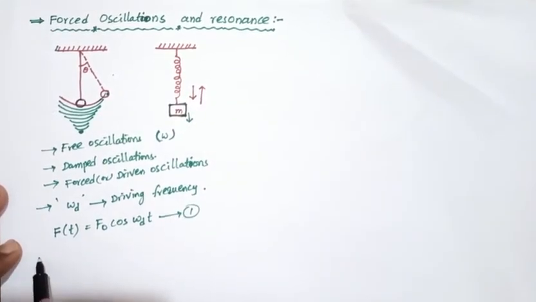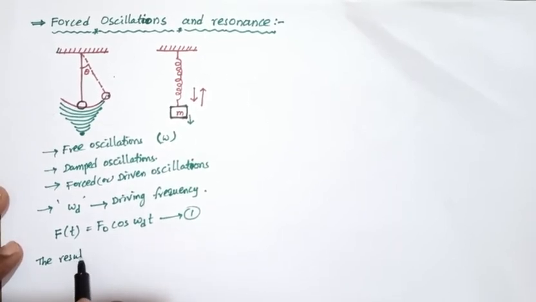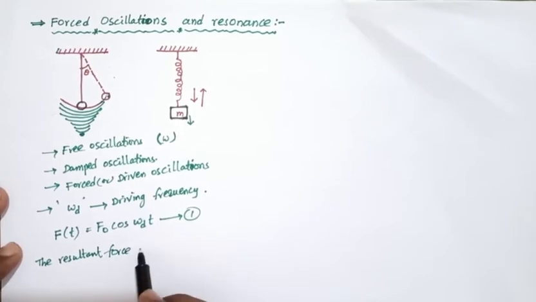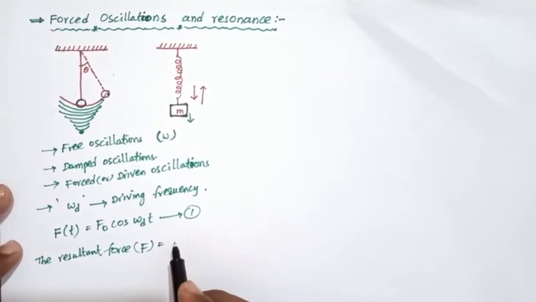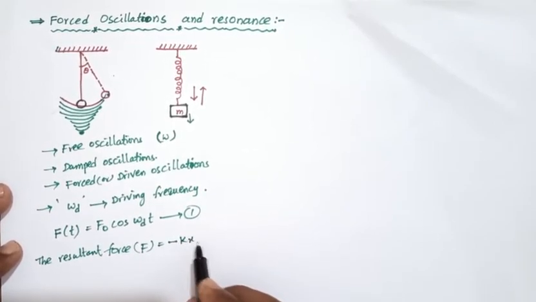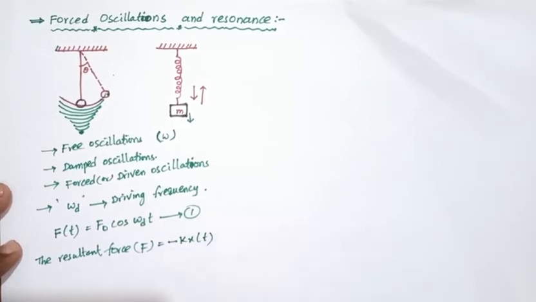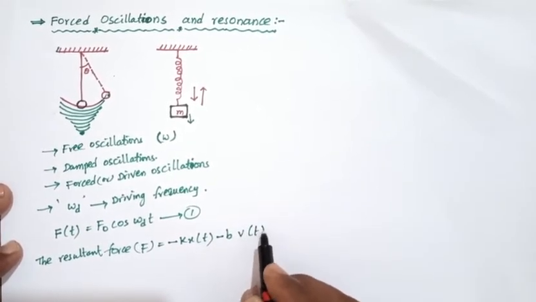The total resultant force F equals the restoring force minus k x of t, minus b v of t.